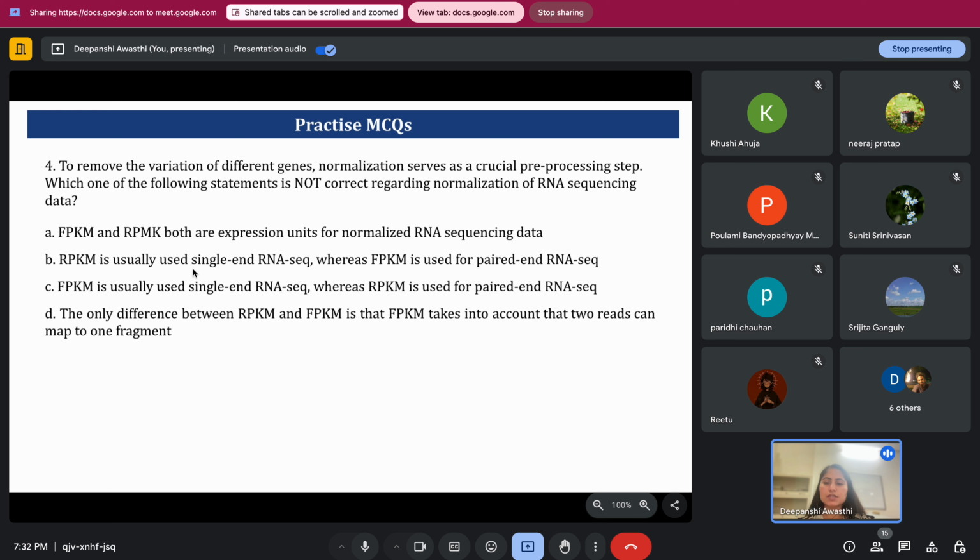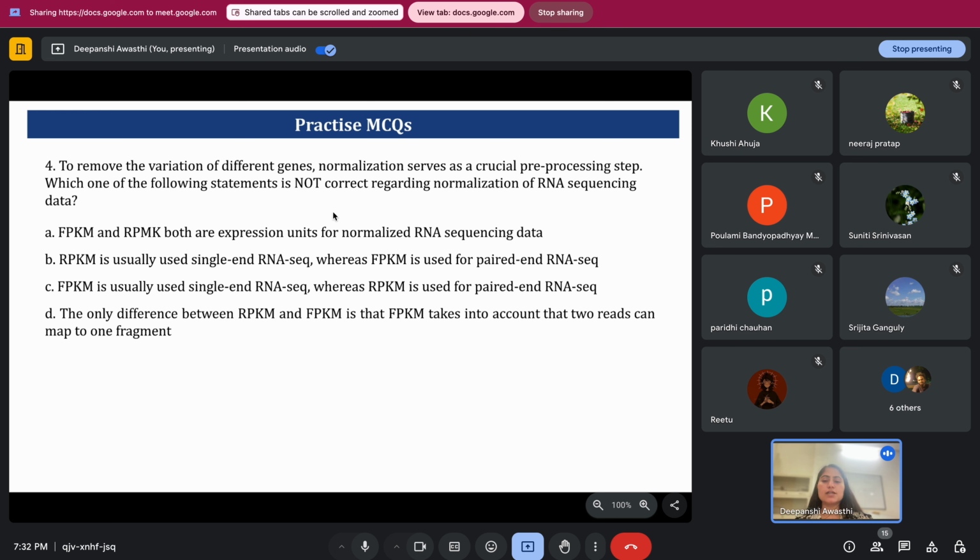Option B: RPKM is usually used for single-end RNA-seq, whereas FPKM is used for paired-end RNA-seq. Option C says FPKM is usually used for single-end RNA-seq, whereas RPKM is used for paired-end RNA-seq. And option D says the only difference between RPKM and FPKM is that FPKM takes into account that two reads can map to one fragment.